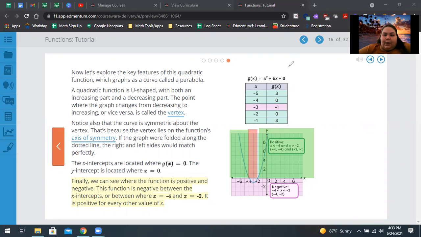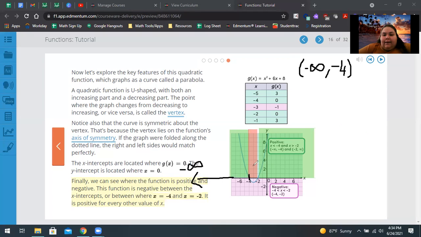So when is it positive? It's coming from this side, which goes forever this way, so we'll just say negative infinity. We start out with parentheses, negative infinity to negative 4. Again, I'm using only the x-axis to guide me for that interval notation. So it'll be negative infinity to negative 4, parentheses.